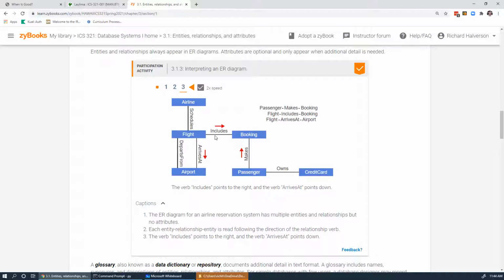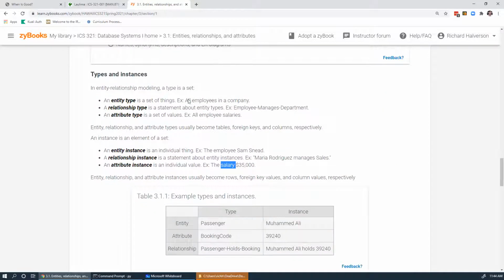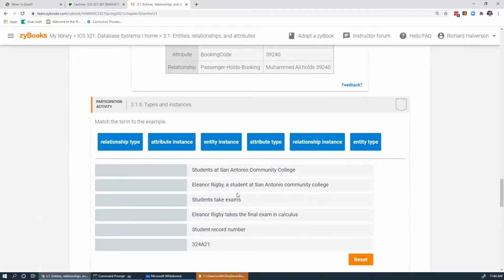Because multiple suppliers can be shipping multiple parts, when we implement it as a database, we actually have to use a table. Here we would just have some sort of line with probably crow's feet sticking out on each side to indicate that it's a many-to-many thing. So make sure you understand what these terms mean.